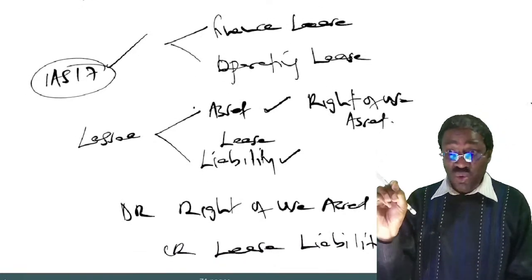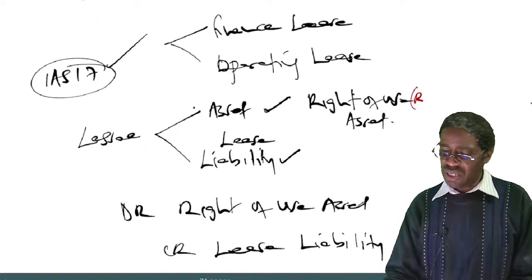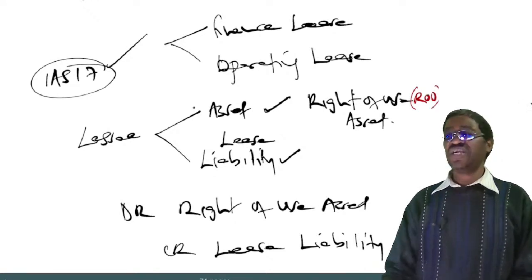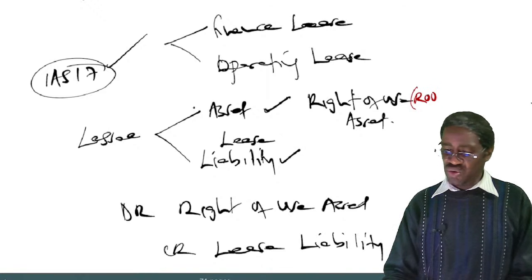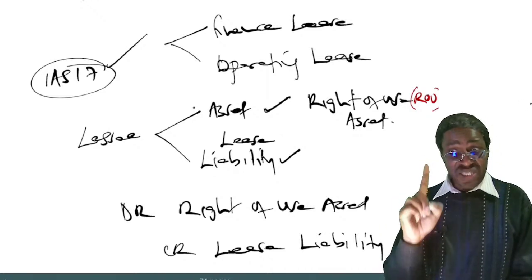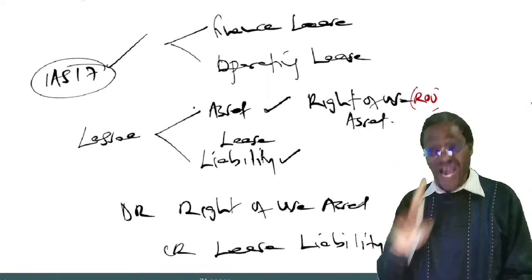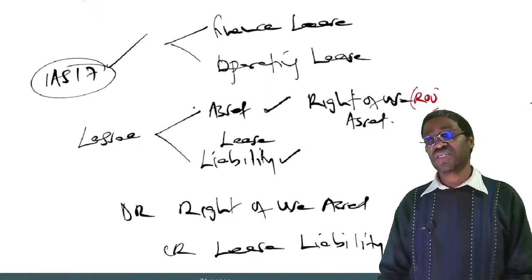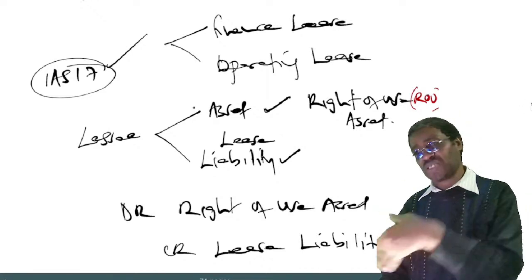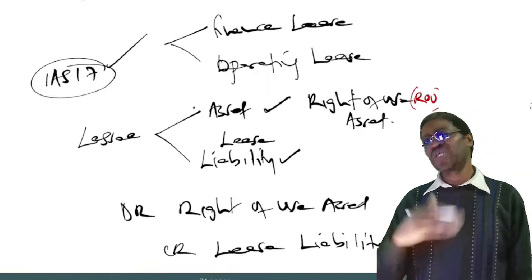the right of use. Then you put in brackets ROU. We normally say in short, ROU, right of use. Then you say the lessee is required to recognize right of use asset, and in brackets we put ROU.